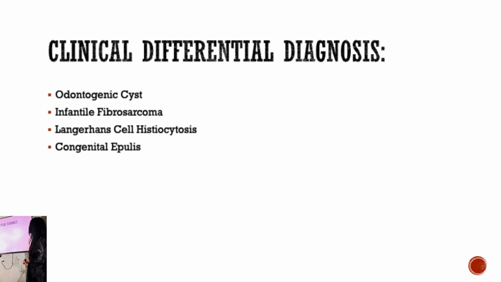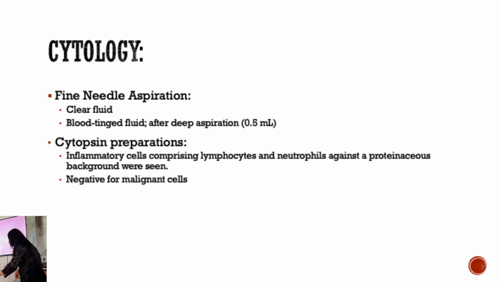So far, the clinical differential diagnoses of odontogenic cyst, Langerhans cell histiocytosis, infantile fibrosarcoma, and congenital epulis were made. After that, the sample was sent for cytology. FNAC was performed, which initially revealed clear fluid, probably suggesting the cystic component of the swelling.